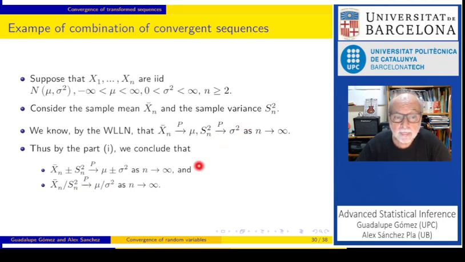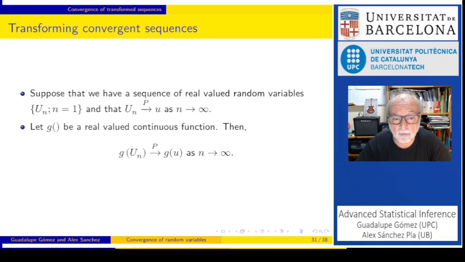Now, for a more general result, there is the continuous mapping theorem. It tells us that under general conditions, if we have a continuous function and a sequence that converges in probability, the function of the convergent sequence converges in probability to the function of the limit of the convergent sequence.